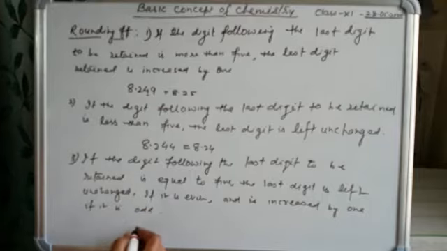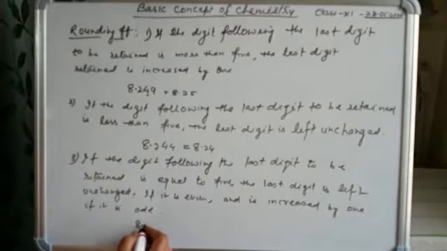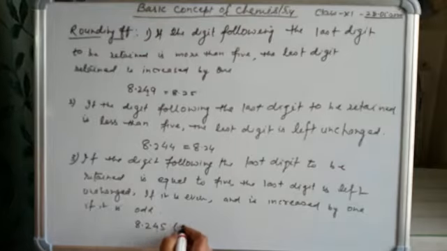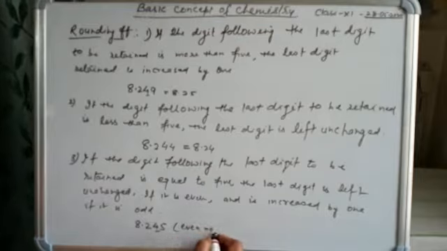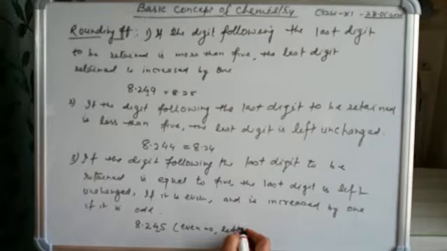So let's see here, if 8.245, 4 is the even number, so the even number is left unchanged.